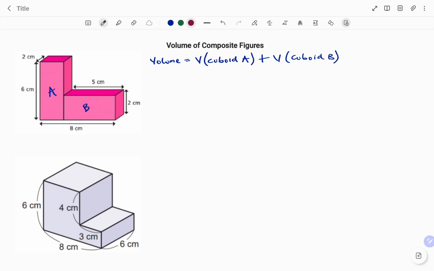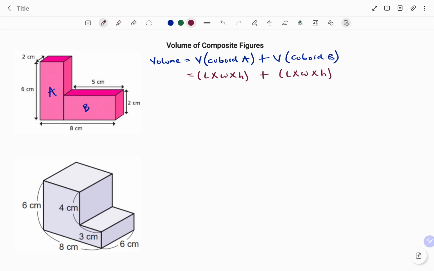The volume of a cuboid is length times width times height. That's the formula for finding the volume of a cuboid.